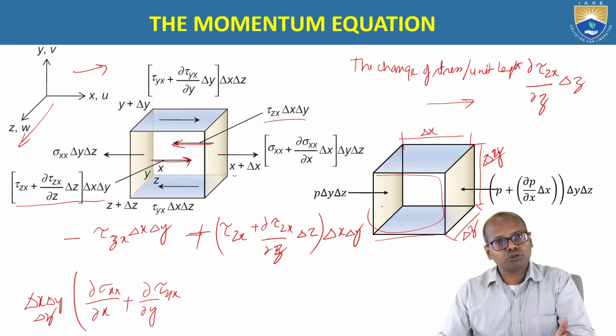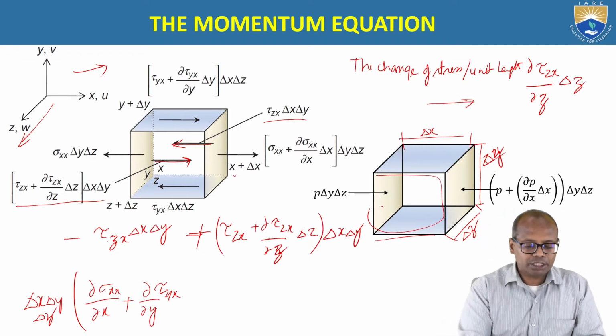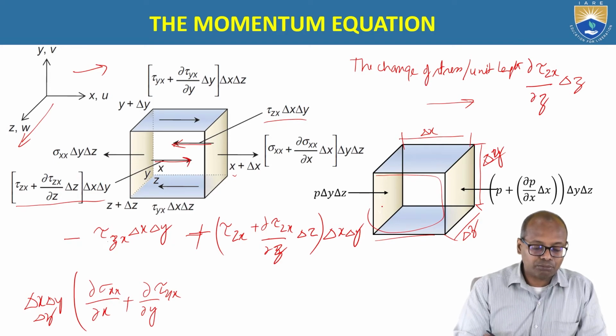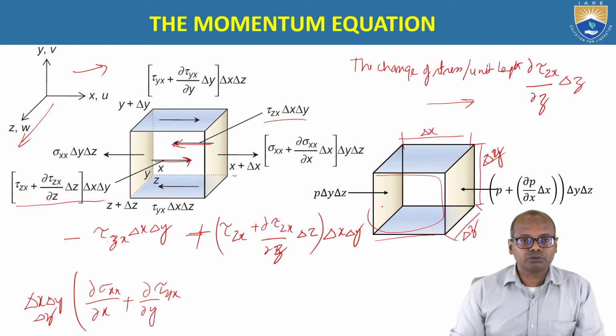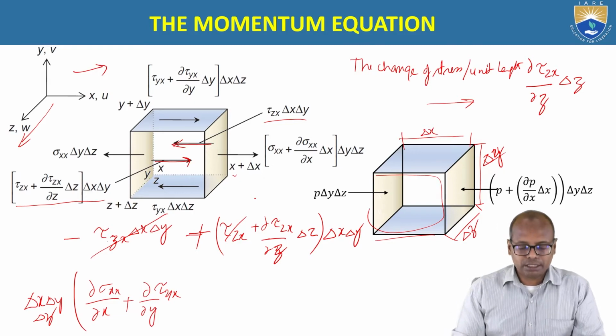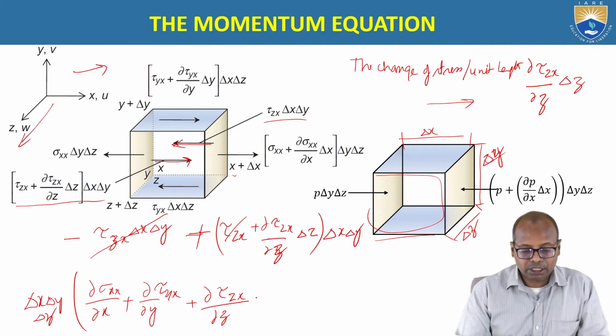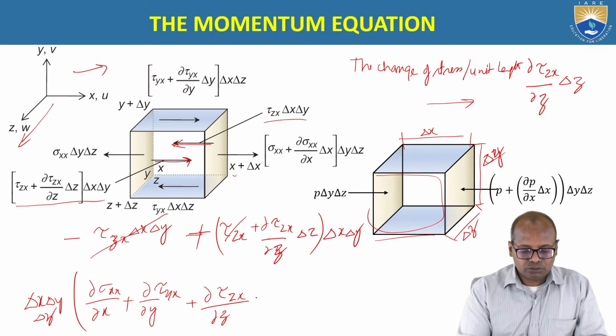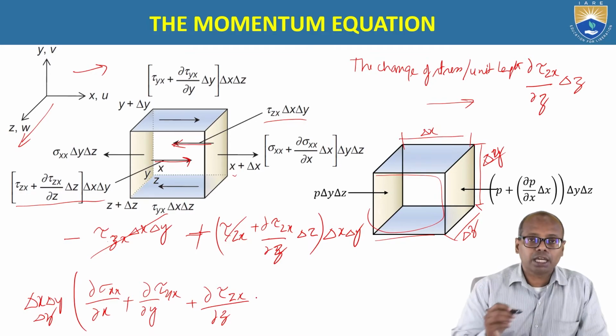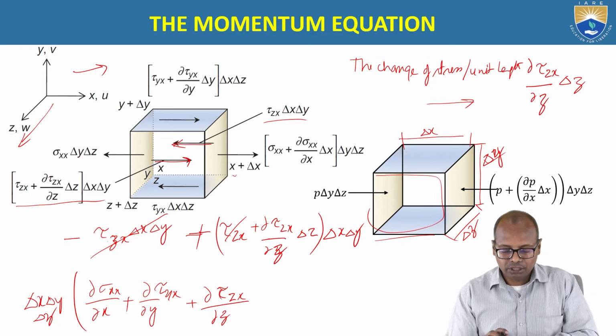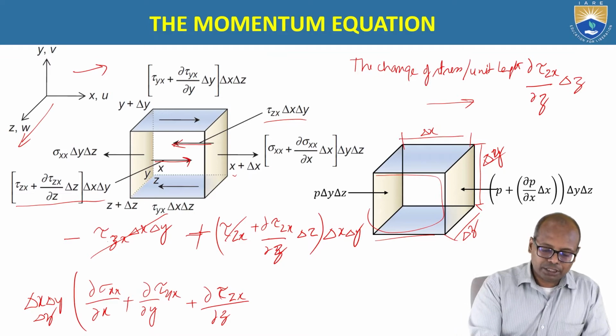Now here also I have two components. One is equal but negative and this is positive. If I eliminate this, I will remain with dou tau zx by dou z into delta x delta y delta z, which I have written as a common value.